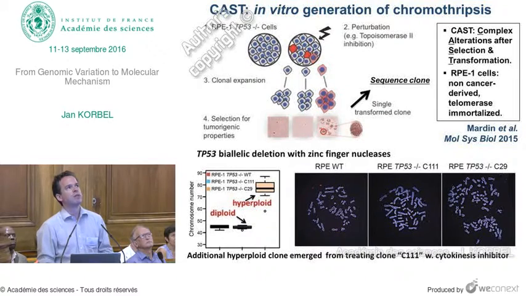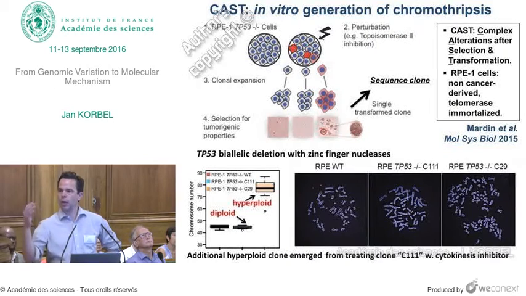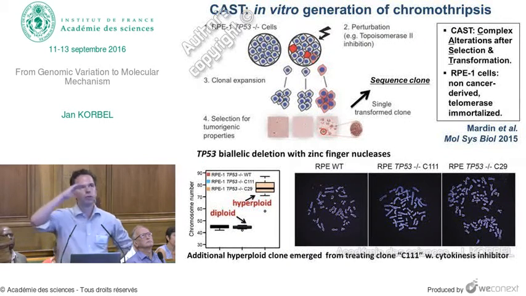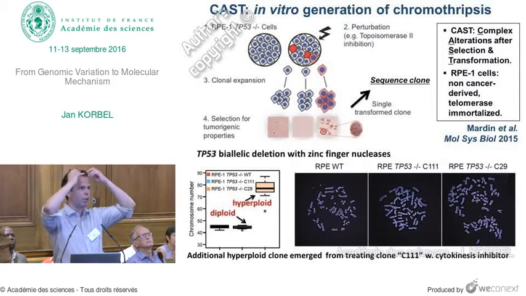She uses for this RPE1 cells in which we depleted TP53, given the link of mutations in this gene with Chromothripsis. RPE1 cells are retinal cells that are immortalized, but they're not cancer cells. And she then perturbs these cells, either genetically or chemically, to force the cells over a strong selection barrier.